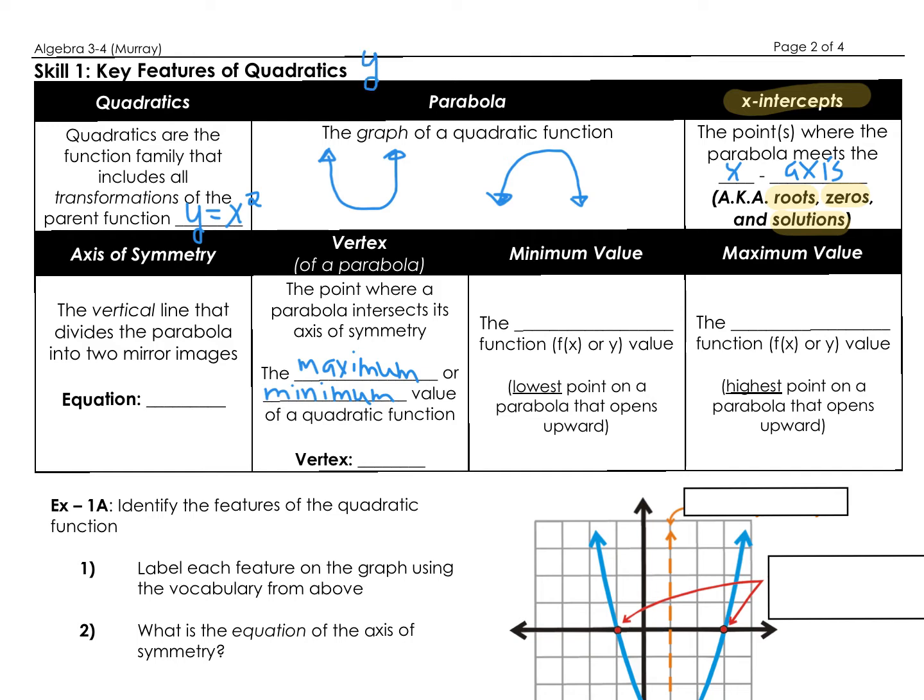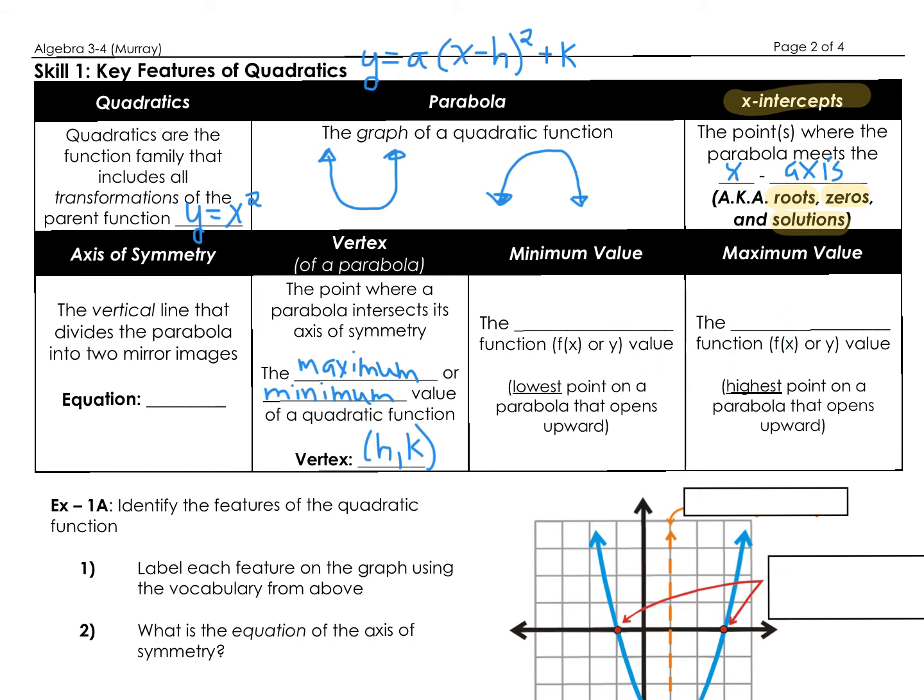So this really is y equals a times x minus h squared, and then plus a k out here, right? So that means our vertex, isn't our vertex (h, k)? And then you can get two things from your vertex. The x value of the vertex is going to give you your axis of symmetry, and the y value of your vertex is going to give you your maximum or minimum value.